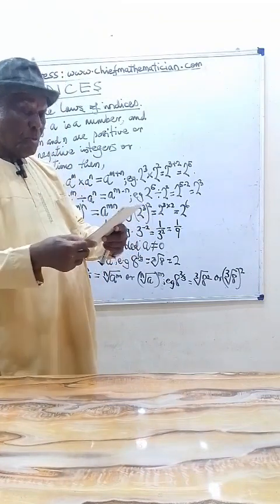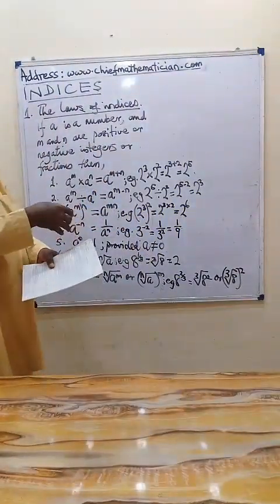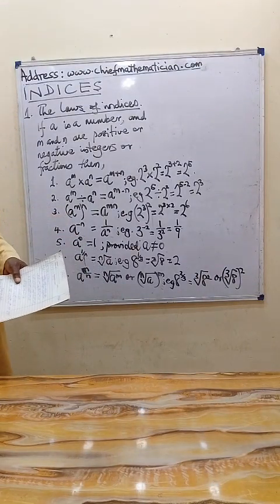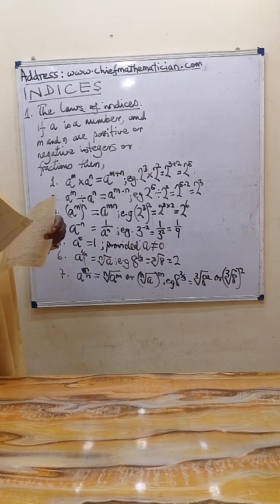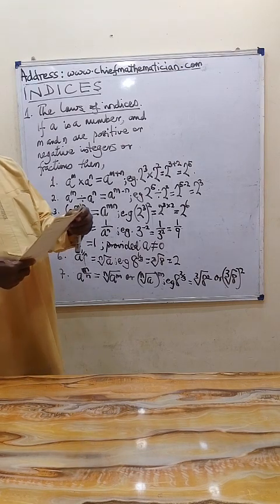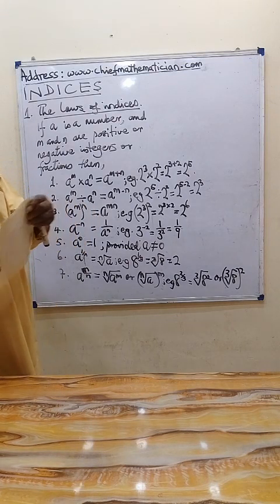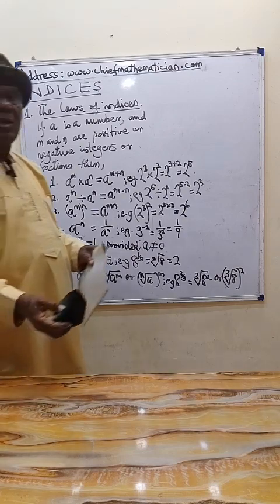Now, having given you examples for each of these laws, I don't need to give further examples. But I'm going ahead now to take you a bit further in what we call simple exponential equations.